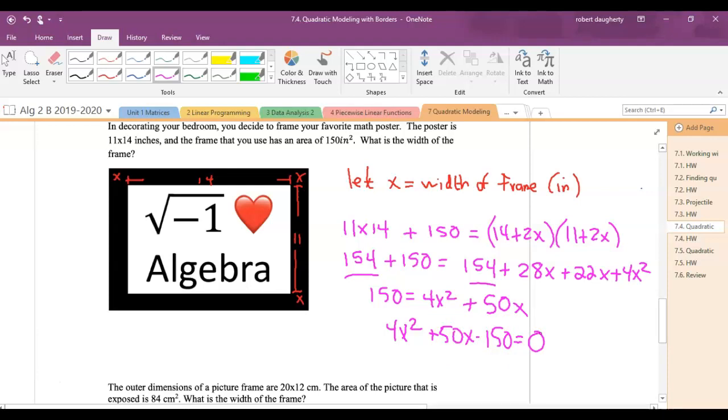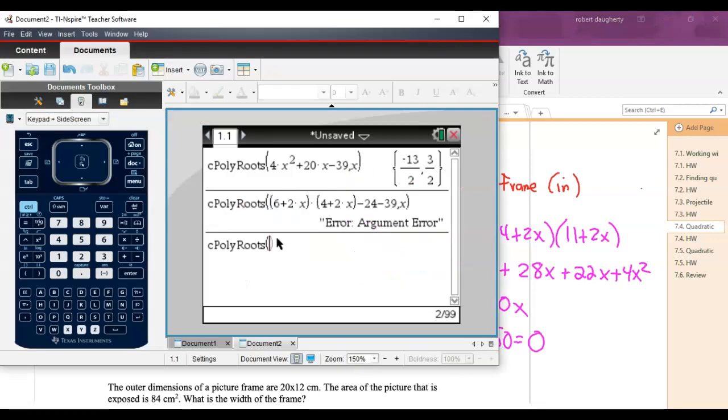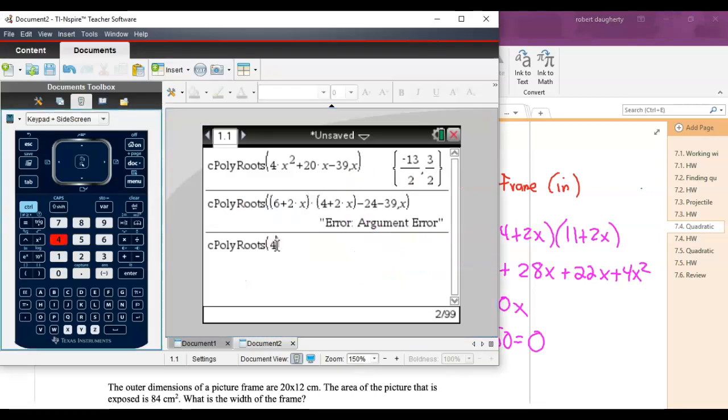And what do I do with that? Yeah, that's where I go to the calculator. So I'll come over here, and so it was 4x squared plus 50x minus 150, comma, x is negative 15 and 5 halves.